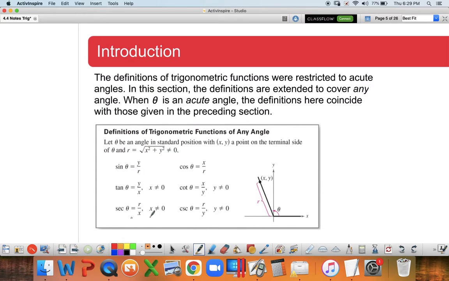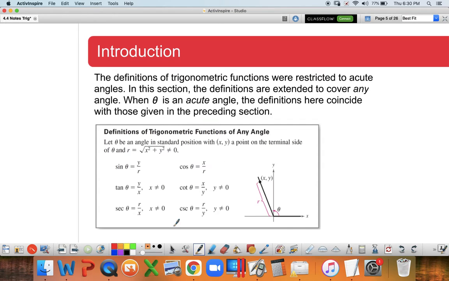So remember, we have our trigonometric functions. We can define them by using x and y as if we were to draw a right triangle on the coordinate plane. But for the most part, I definitely recommend using SOHCAHTOA, using opposite over hypotenuse, adjacent over hypotenuse, and opposite over adjacent.